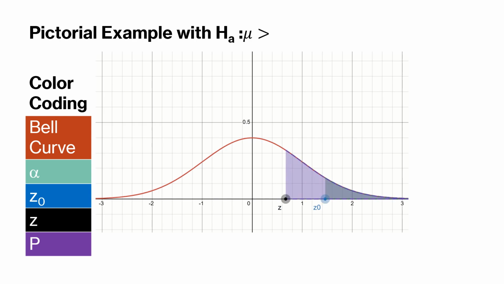So sometimes we're just going to talk about, is the p bigger than the rejection region or smaller than the rejection region? And sometimes we're going to talk about, is the z outside the rejection region or inside the rejection region? And it's the same information.